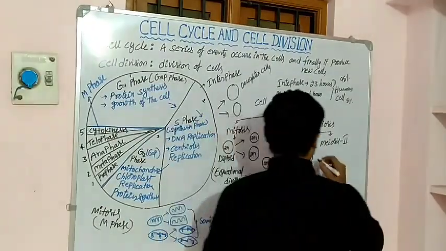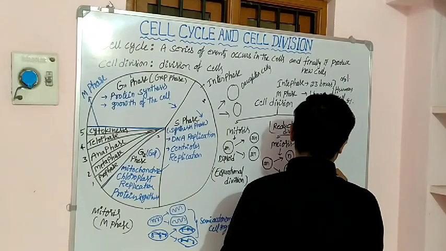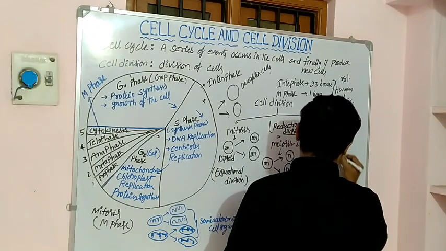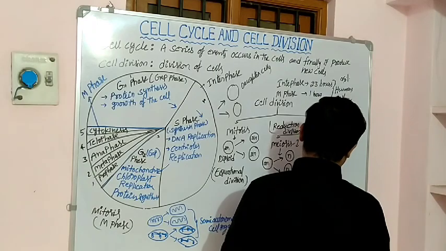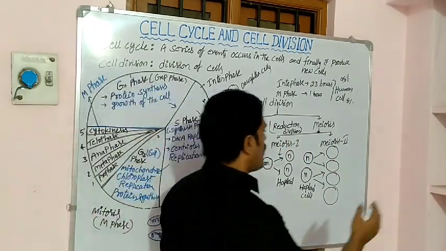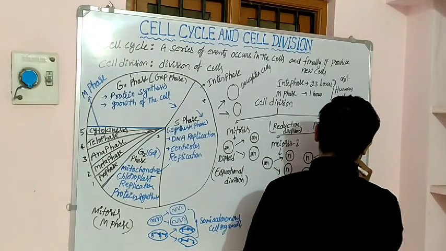Once the haploid daughter cells are involved in meiosis 2, each cell divides into two daughter cells. This is one cell, second, third, fourth. Like this, how many daughter cells will form here? 4 daughter cells.